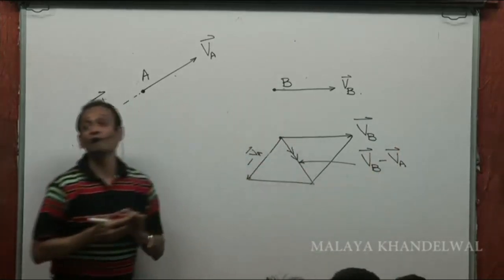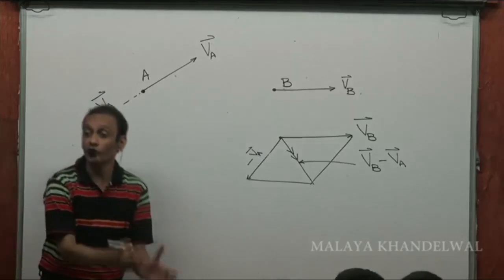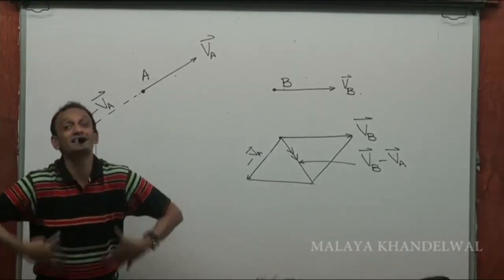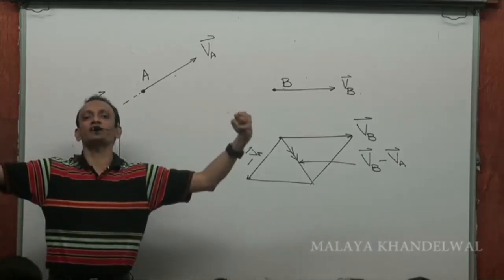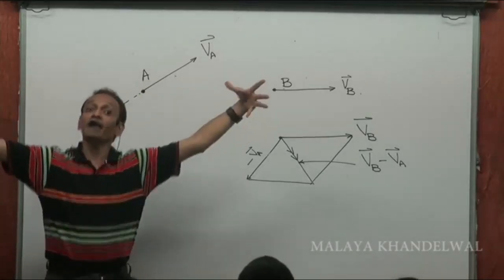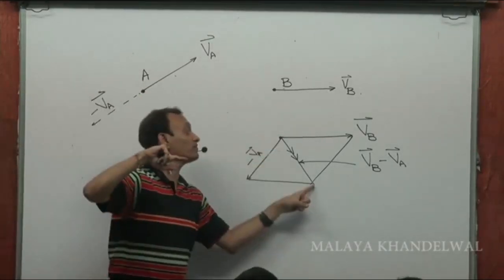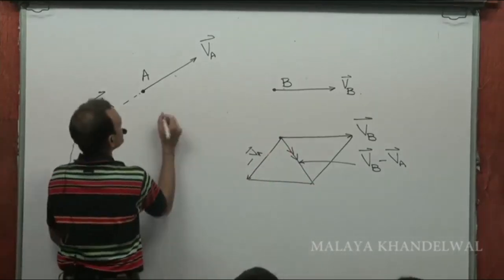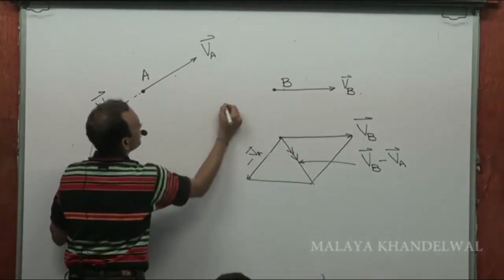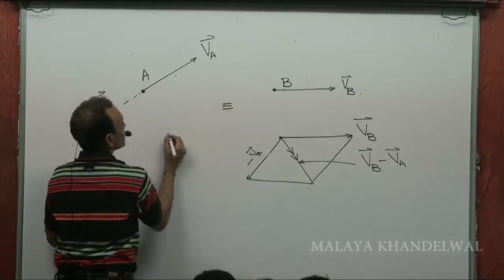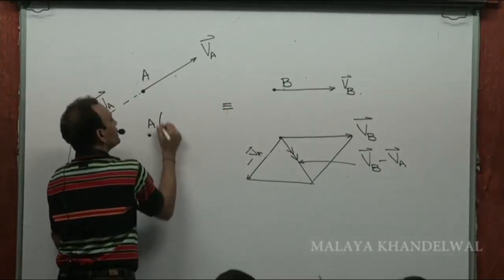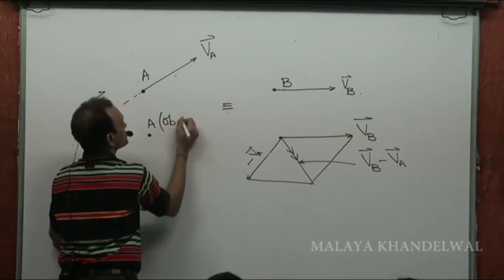which is velocity of B with respect to A, velocity of B relative to A, relative velocity of B as seen by A. It's as if A is an observer and B is moving with a velocity VB minus VA, right? It's as if this situation is equivalent to A being an observer. When I make A an observer, it's as if A is at rest.